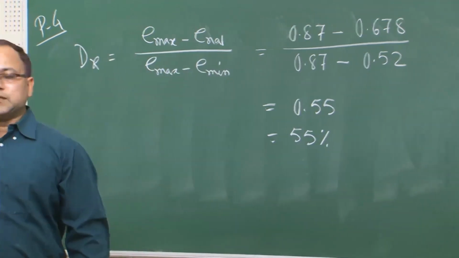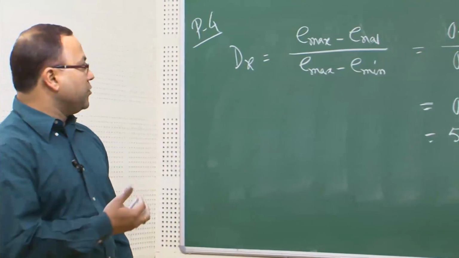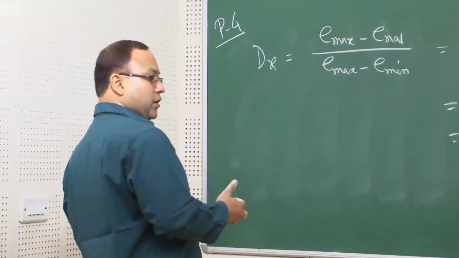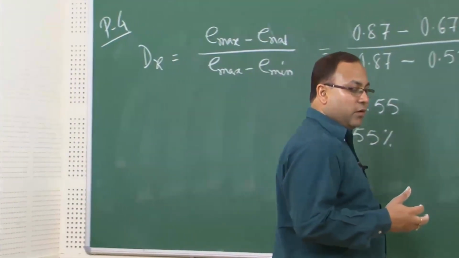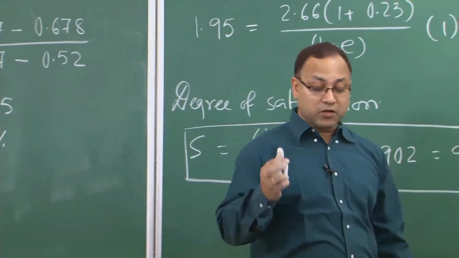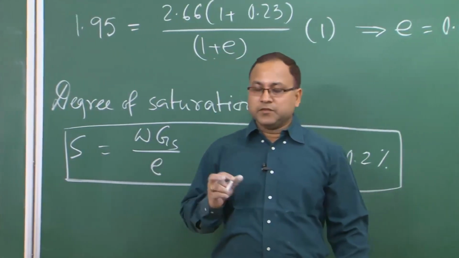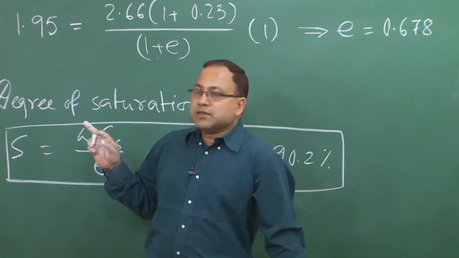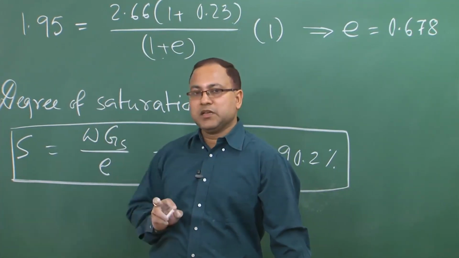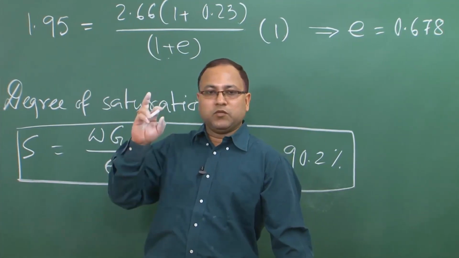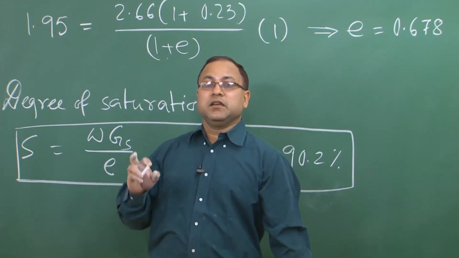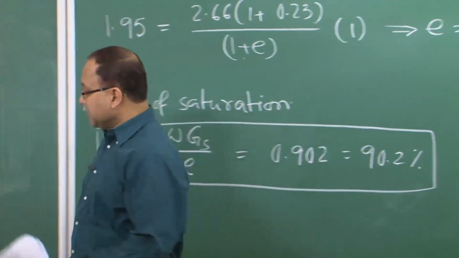Now, if I ask you to categorize this type of sand, because this is a cohesionless soil, that means sand. At this moment we are not talking about cohesionless, because we have not covered what cohesion is. Anyway, this is coarse sand, and it has a relative density of 55%. If you recall the table given in the lecture, based on that you can categorize this sand.